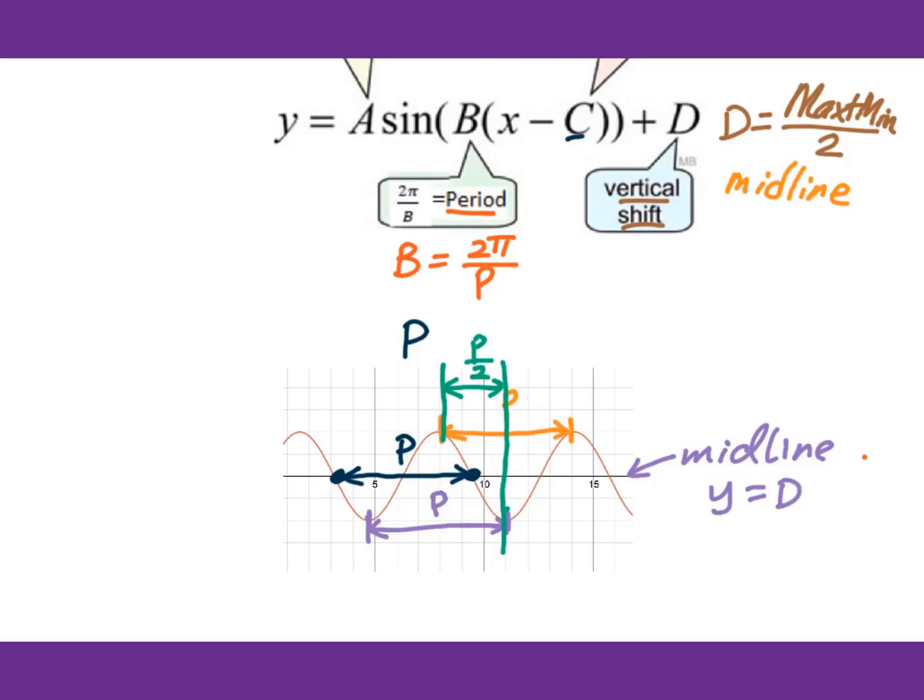In other words, p equals 2 times the absolute value of the x coordinate of maximum minus the x coordinate of minimum. From the graph, you will have 4 ways to figure out this period.